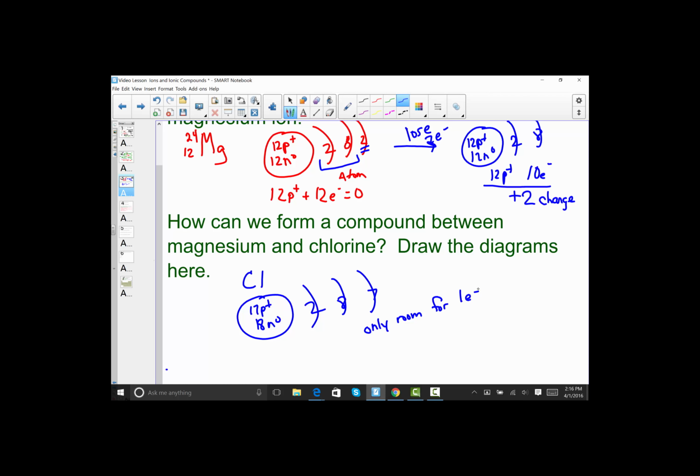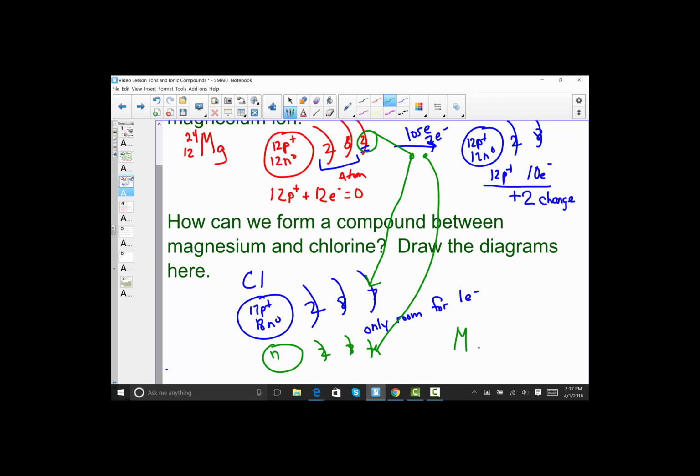When it takes in 1 electron, its outer shell is full. So if these are the 2 electrons that need to be lost, I can see one of them going to this first chlorine, but I'm going to need to draw an entire new chlorine atom, a second chlorine, 2, 8, and 7, to bring that second electron down here.